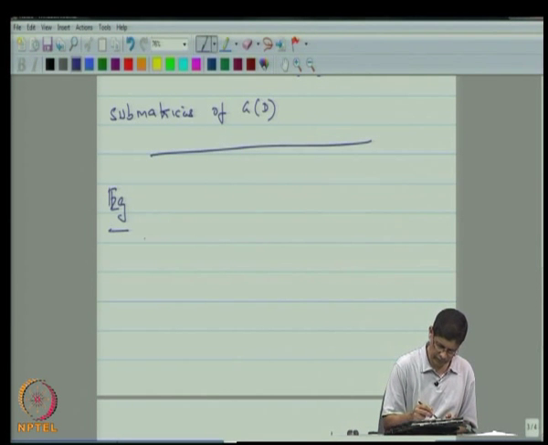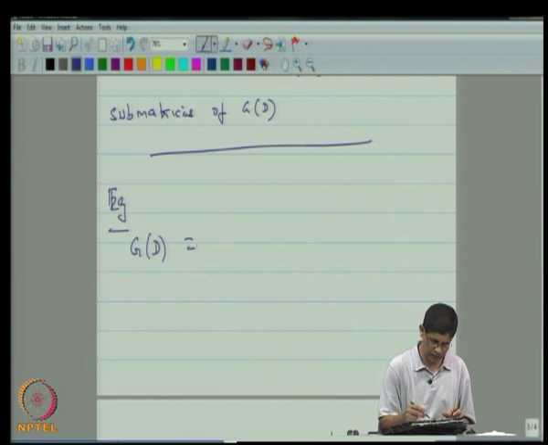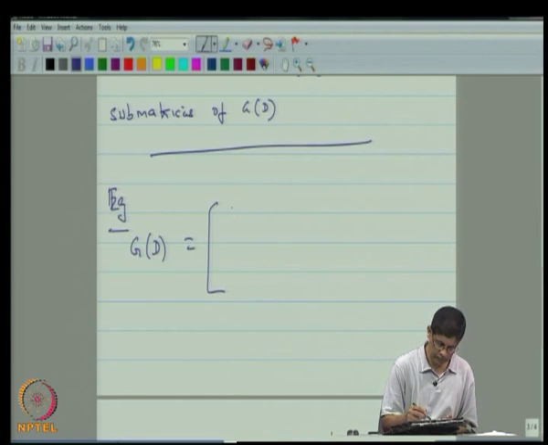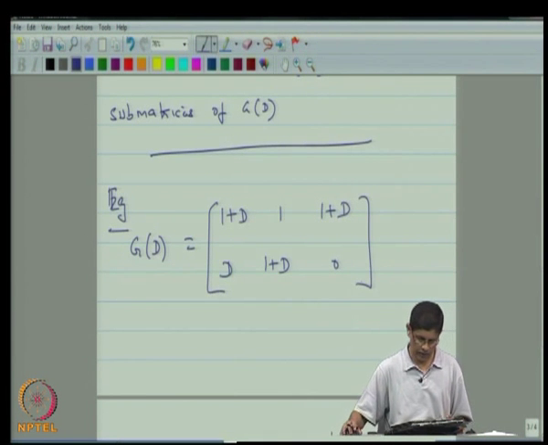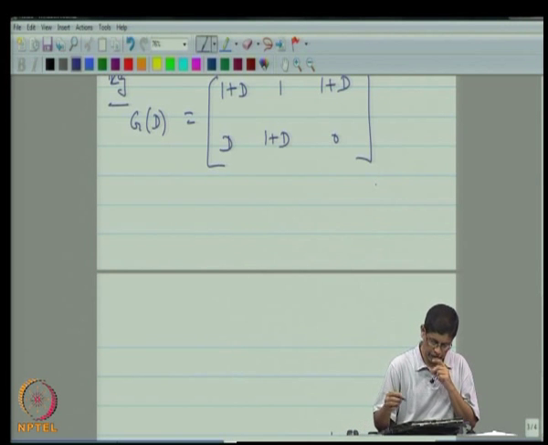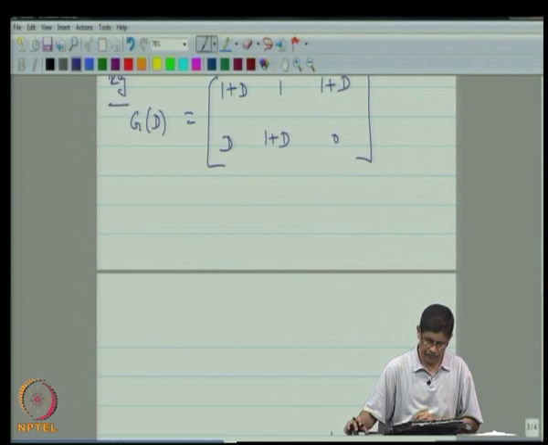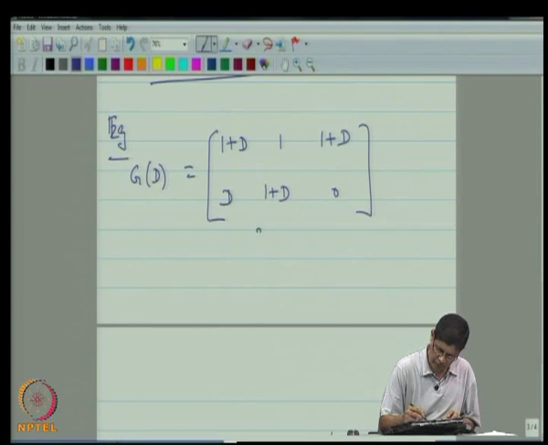Supposing G of D was the same code that we discussed earlier, which is 1 plus D, 1, 1 plus D; D, 1 plus D, 0. As you can see, this is a 2 by 3 matrix.